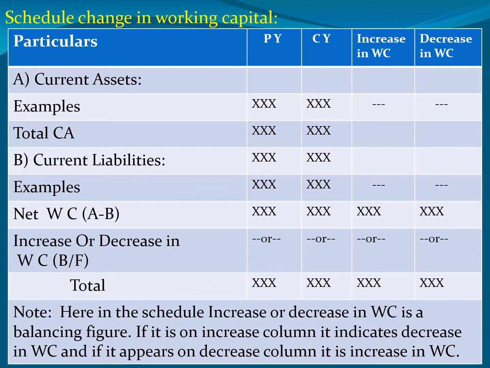I suggest taking the previous year first, so that you can easily compare with the current year, increase or decrease. If you take the current year first and the previous year later, then there may be some confusion. So this is my suggestion, but there is no strict rule, you can interchange the previous year and current year.